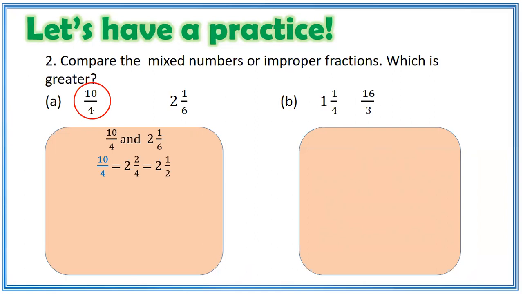Okay, so here we change the improper fraction into a mixed number. And 10 out of 4 is equal to 2 and 2 out of 4. And its lowest term is 2 and 1 out of 2.